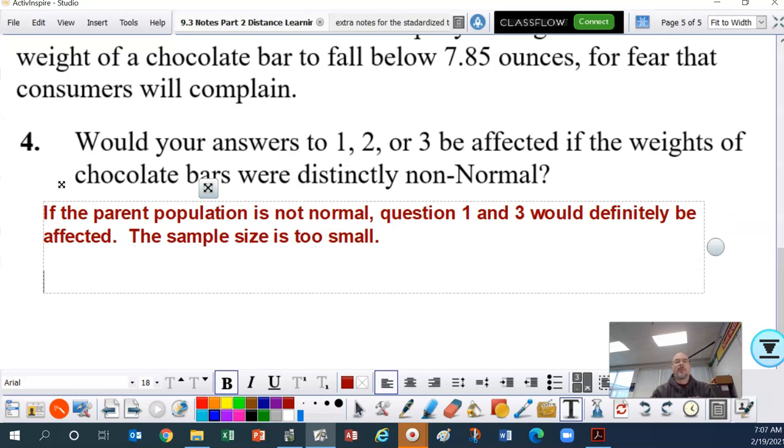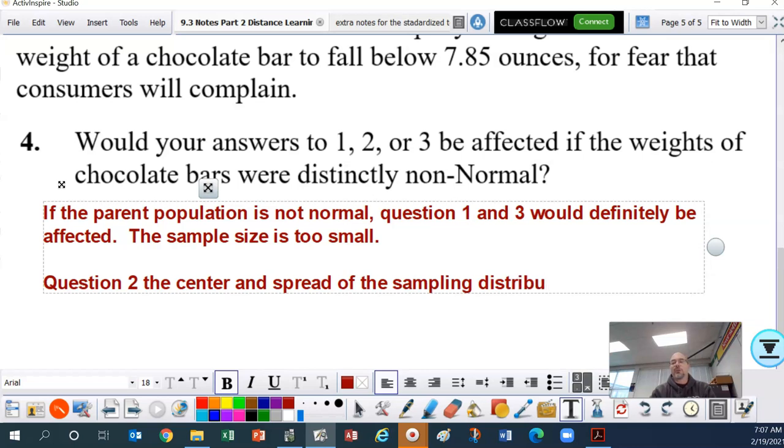Now, question 2, the center and spread of the sampling distribution would not change.